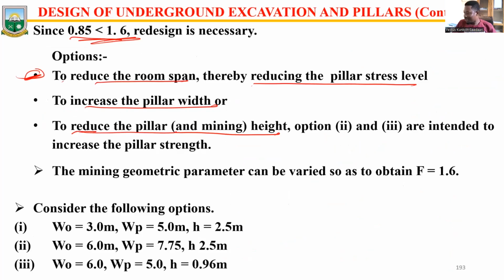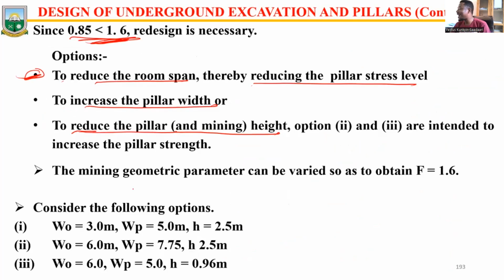So you see, thank you for proving the points here for us. Then the mining geometric parameters can be varied so as to obtain this. So you have to change certain parameters. So these ones are for us to go and try. But remember the height of the room. What factors do we consider when we want to choose the height of the room?